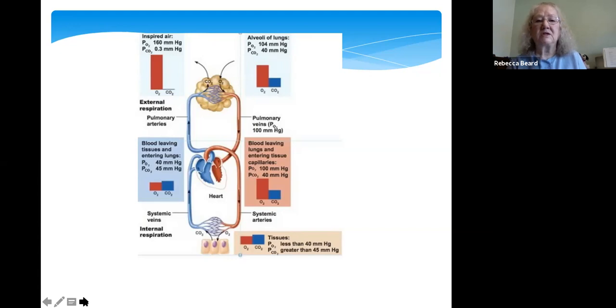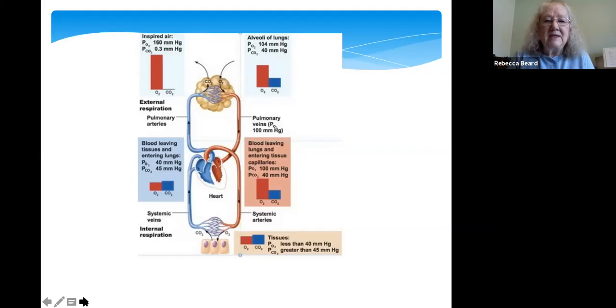So you see that there's a big jump in the amount of carbon dioxide present and a slight drop in the amount of oxygen present. But that's okay. That's still a very, very efficiently designed system. So then the exchange is going to happen there.